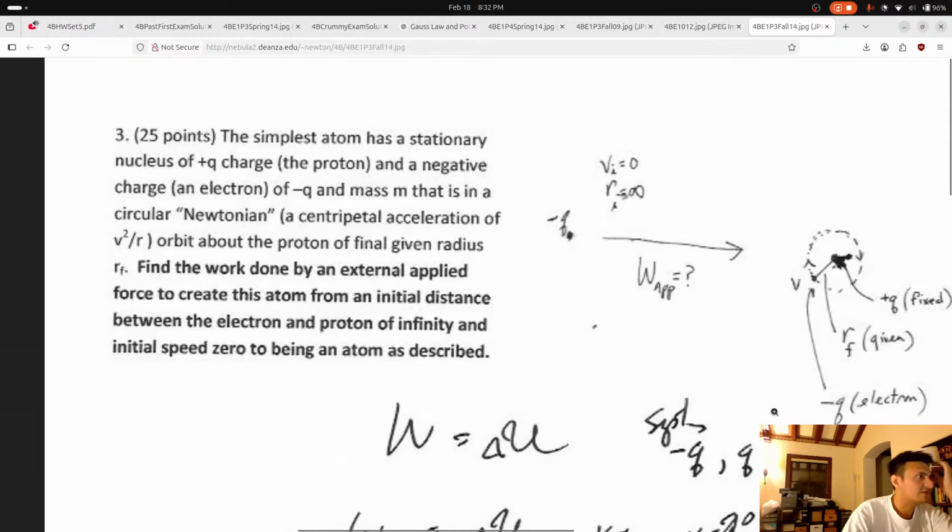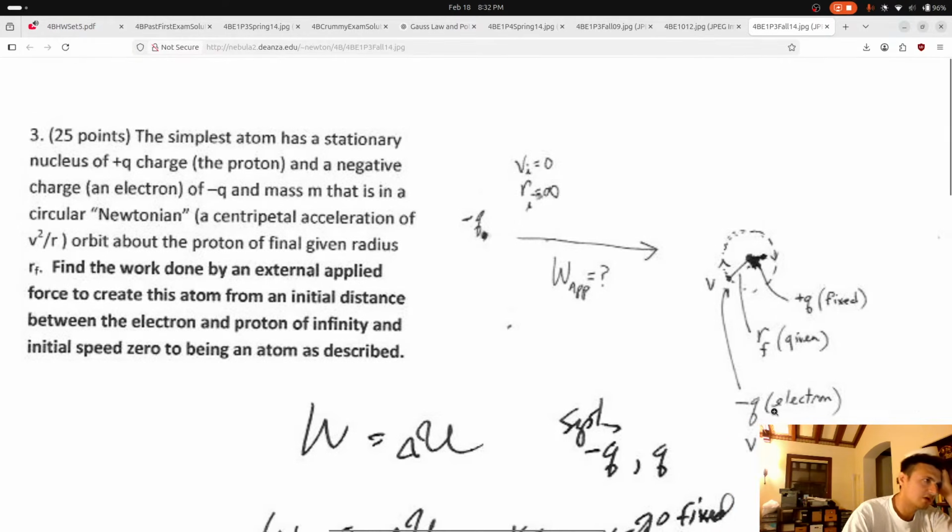RF is given. Okay, so we know. Why is that important? V squared over R. Okay, because in F equals MA, you can get F equals V squared over R. So then you can get the force required.